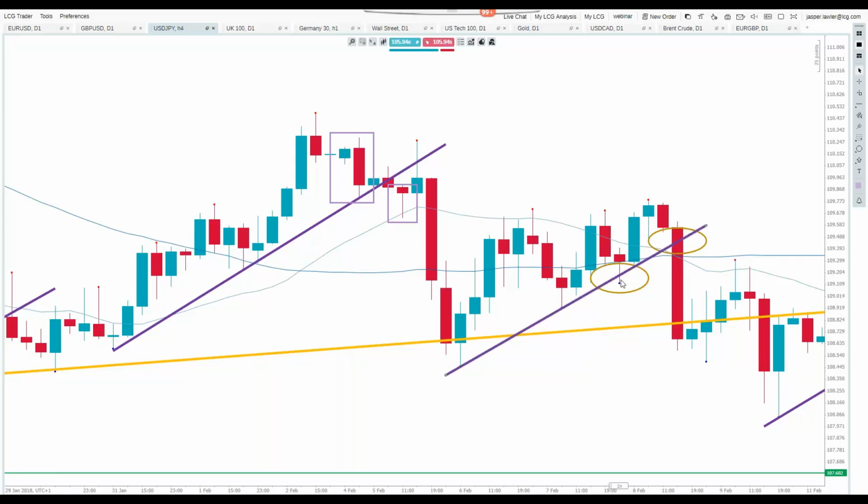If you enter at the market, or if you have a sell stop order below the trend line, then in this particular case, you're probably going to get stopped out. If your stop is above maybe the high here, it bounces up and makes a higher high.